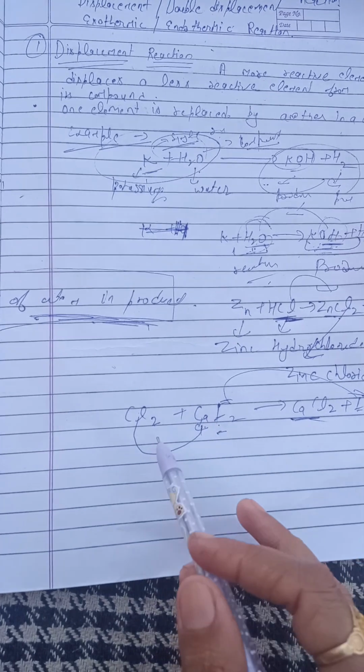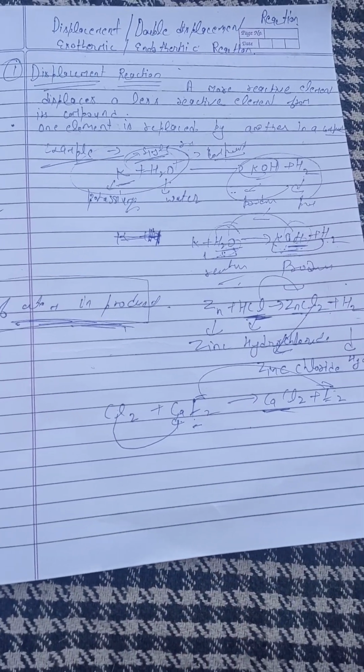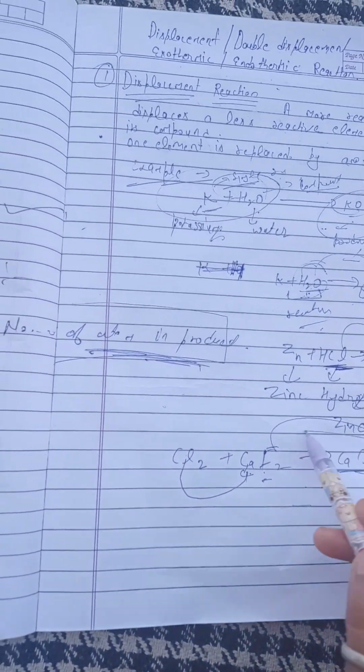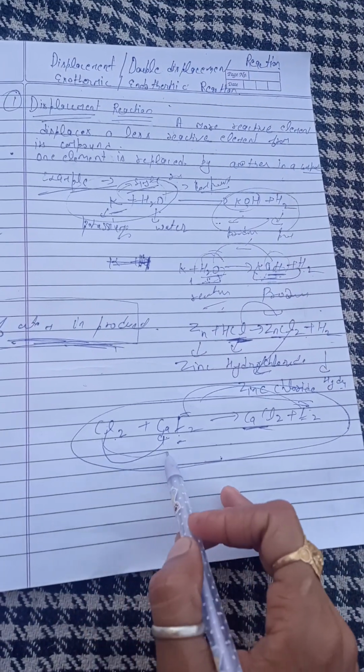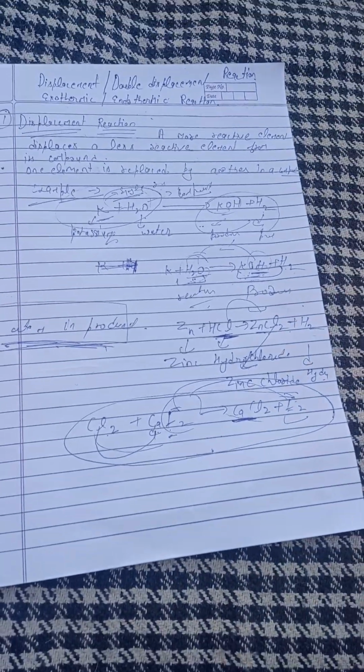It means we can say that when a more reactive element displaces a less reactive element, then it is called the displacement reaction. This can be easily explained with the help of an example. Here chlorine gives the calcium chloride and iodine is the single product.